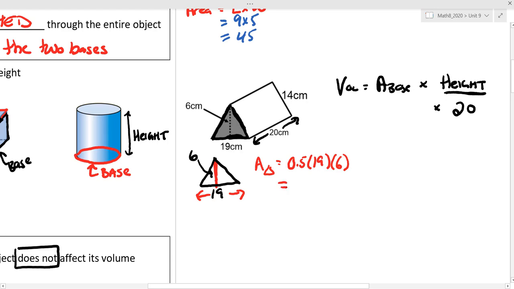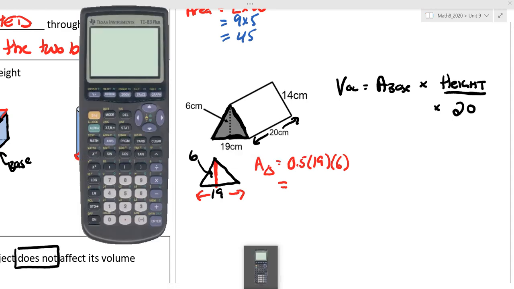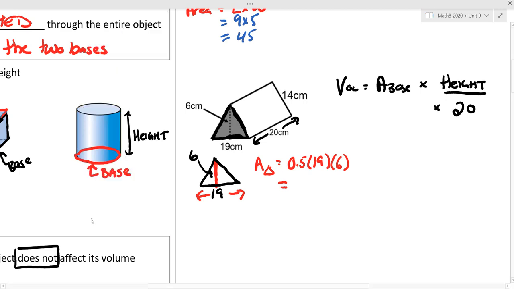So you go 0.5 times 19 times 6, which is equal to 57. Okay?